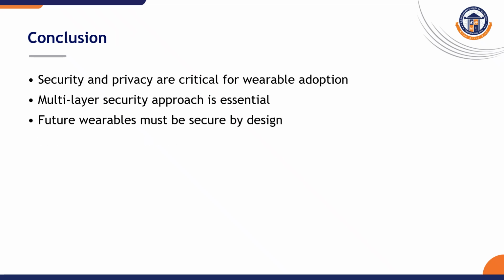In concluding this video, security and privacy are critical for wearable adoption, and a multi-layer security approach is essential. Future wearables may be incorporated with secure-by-design principles. In the design itself, security and protection mechanisms may be incorporated through recent technologies and artificial intelligence in wearable devices.